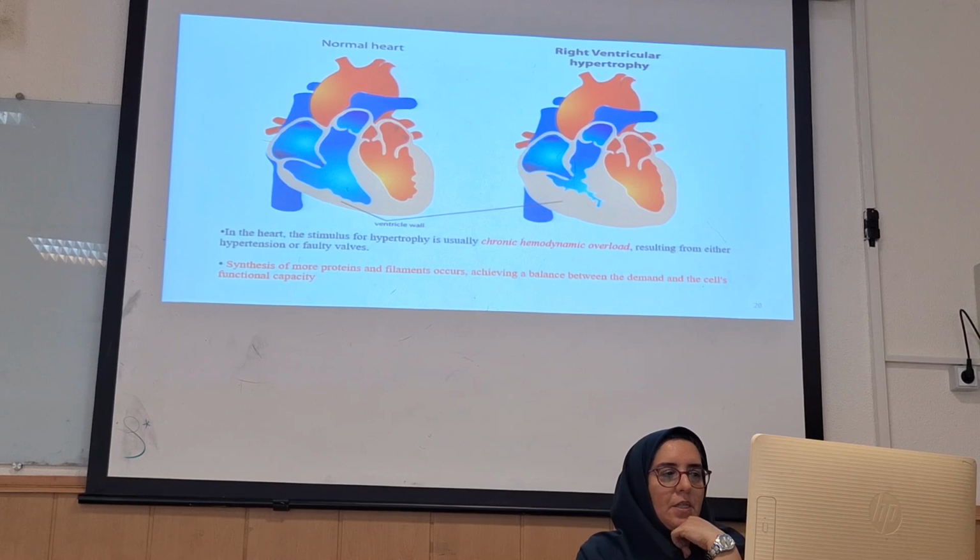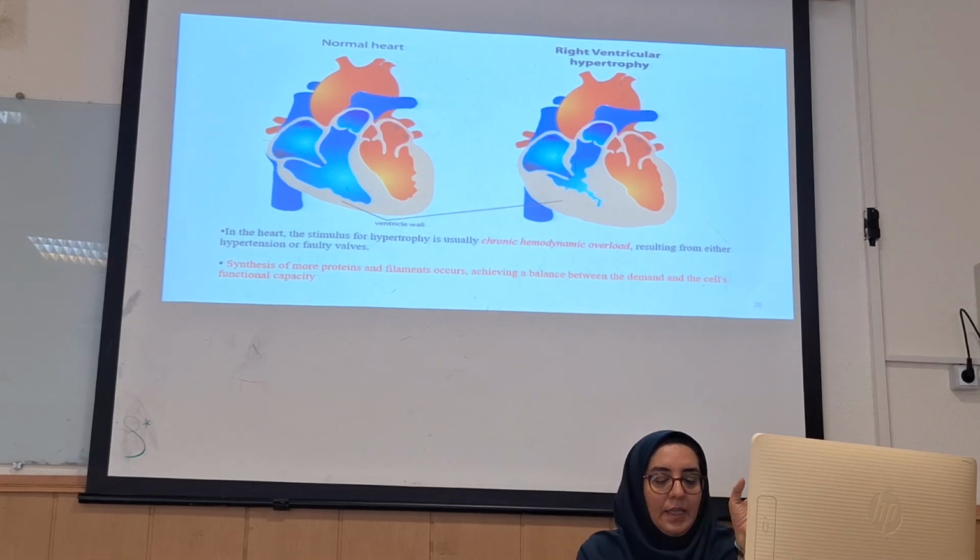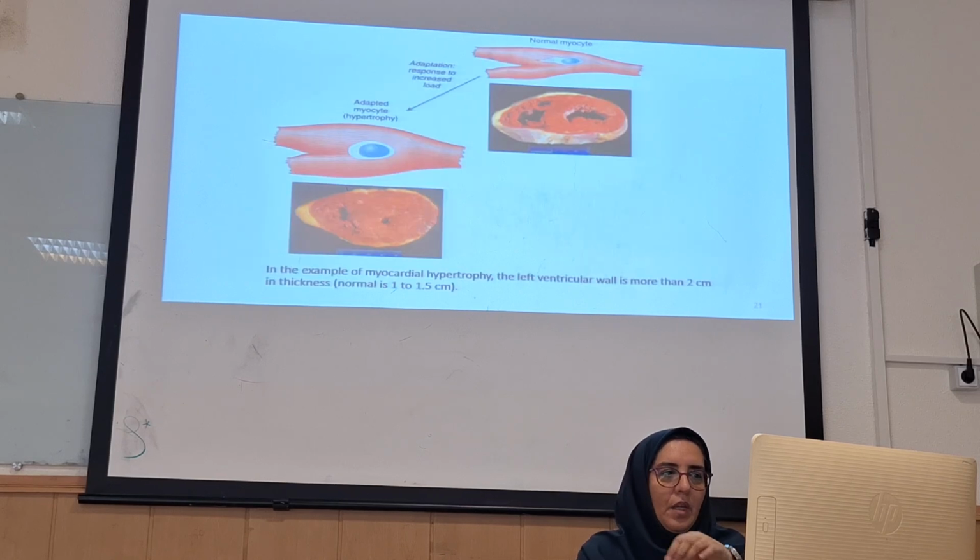For example, this is a normal heart, without any stimulus. After hypertension or valve stenosis, we have hypertrophy in the heart. It can be right side or left side. On the right side, we have lung disease. The cell becomes hypertrophied and the organ becomes larger and thicker.